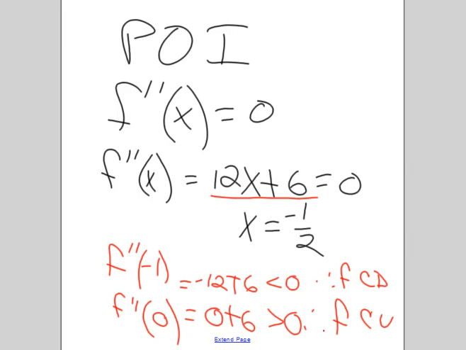Because f double prime has a change in signs at x equals negative 1/2, then f, the original function, has a point of inflection at that point. Or you could say x equals negative 1/2 is a point of inflection.